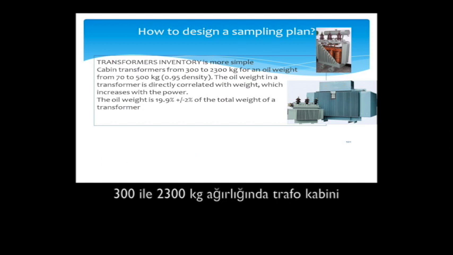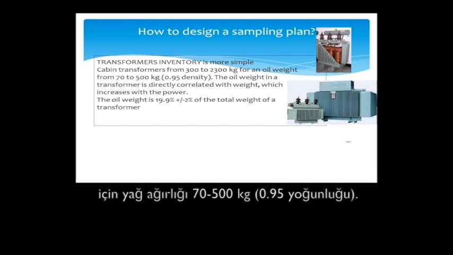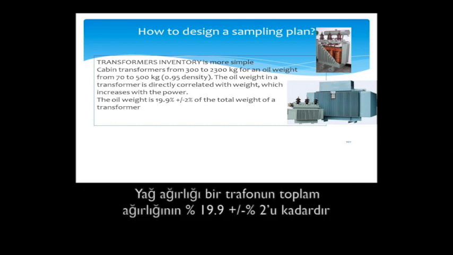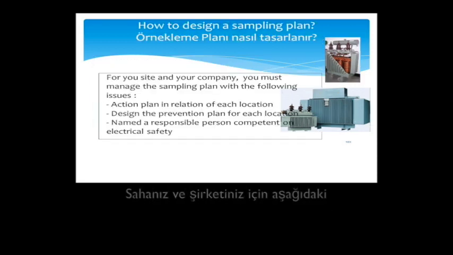Cabin transformer: 300 to 2,300 kilos for an oil weight from 70 to 500 kilos. The oil weight in the transformer is directly correlated with the weight, which increases with the power. The oil weight is 20% plus or minus 2% of the total weight of a transformer.